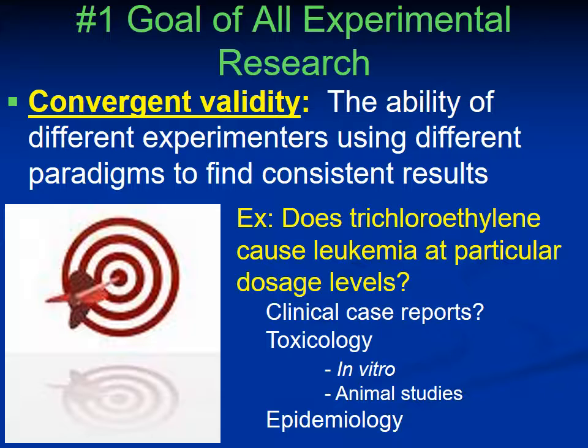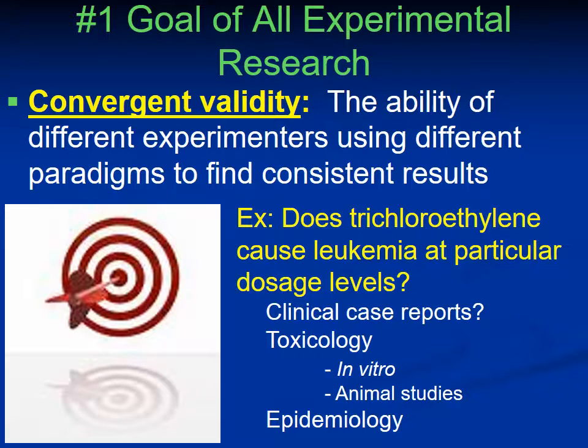what you're going to want to see, maybe you might start with clinical case reports saying, look, I have all these leukemia patients that I know were exposed to trichloroethylene. You'd want to see experimental results done in toxicology, right? Maybe in vitro studies just on cells in petri dishes. Maybe you'd want to see some animal studies exposing animals to trichloroethylene at different dosage levels.